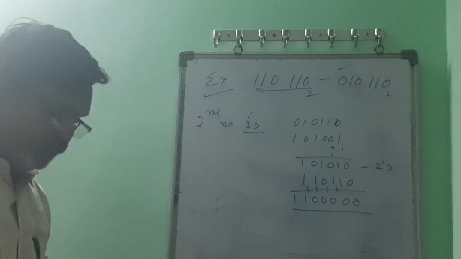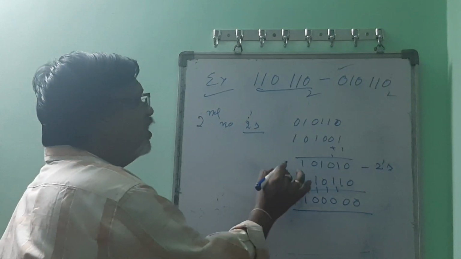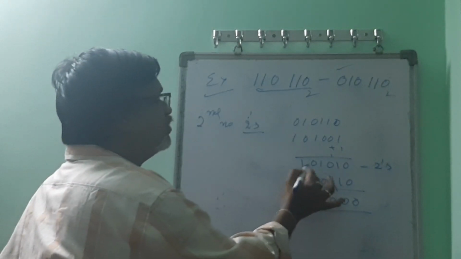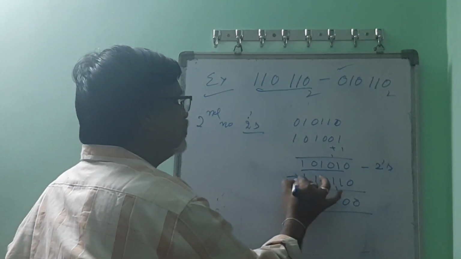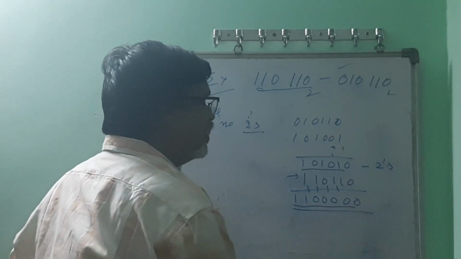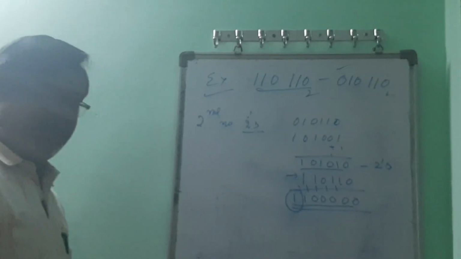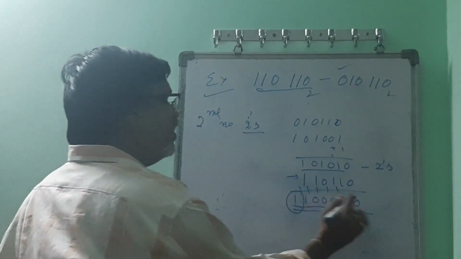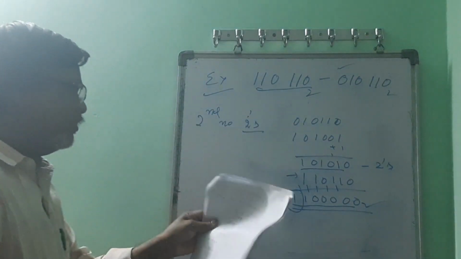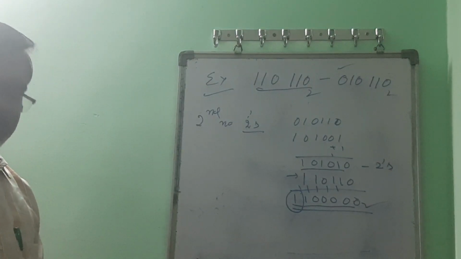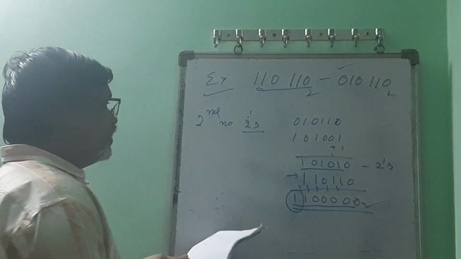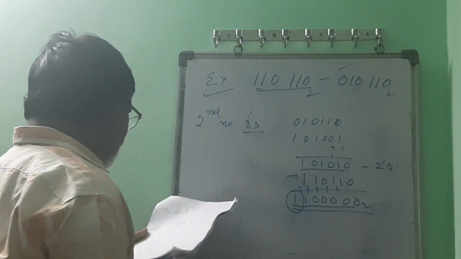So what I told you: when you get an extra bit, this is a 6-bit number, this is also a 6-bit number, but the result we got here is 7 bits. So simply you have to discard the carry or the overflow. So this will be the final result. So when you subtract these two numbers, we will take another example.